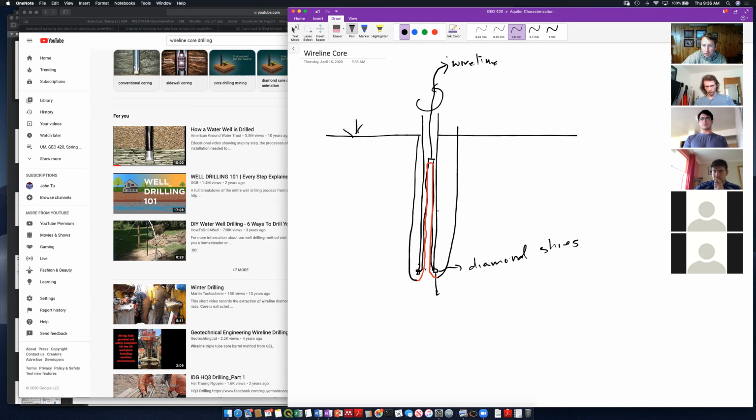And what we do, we drill down. Usually these are 1 to 2 meters. If you're drilling on a big rig, they're 5 meters. All right, and you drill down, you collect core for anywhere from 1 to 5 meters until you fill this core tube. And then you stop drilling and you pull up on the wire line.